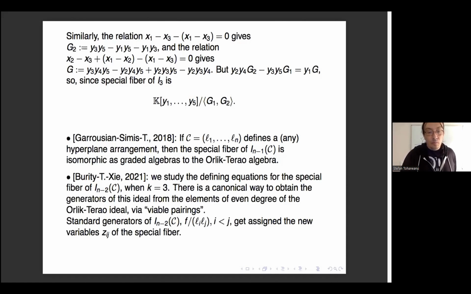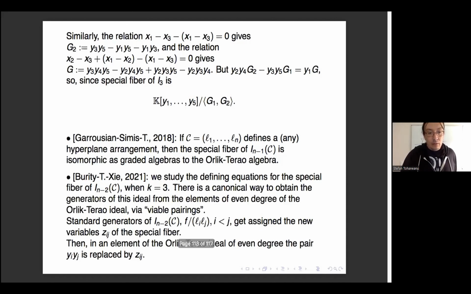So we take the standard generators, which will be F divided by Li Lj. We associate a new variable Zij. And whenever we have an element of the Orlik-Terao ideal, the one that we saw before, of even degree, we pair the variables yi yj to get Zij.